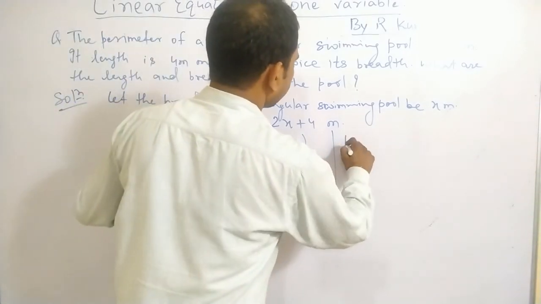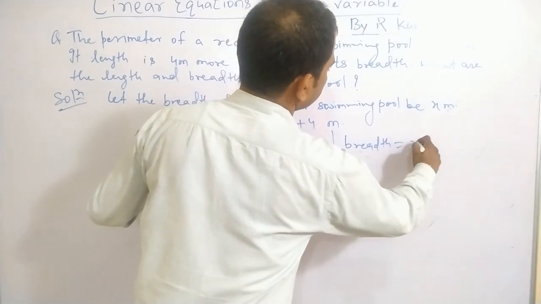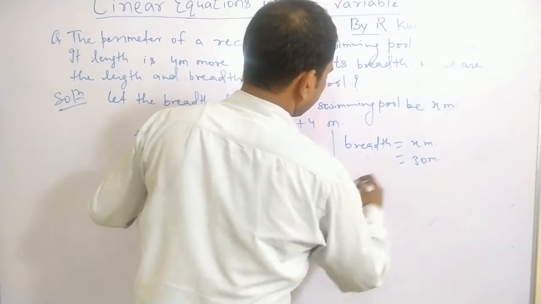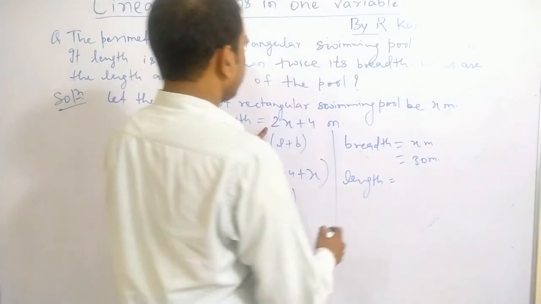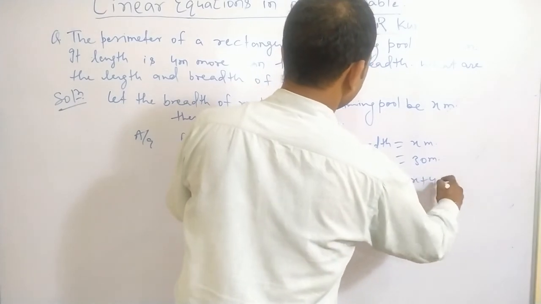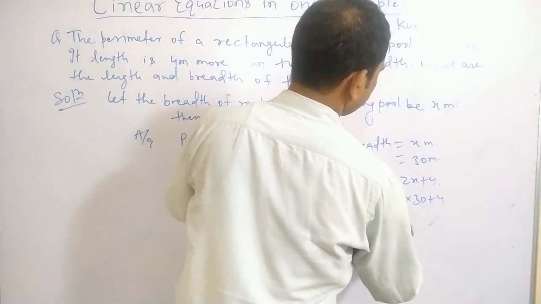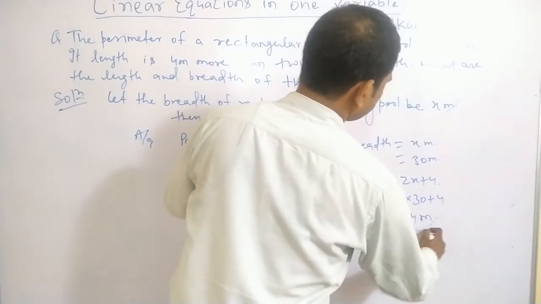So breadth you have considered x meters only, means it will be only 30 meters, and length should be equal to 2x plus 4, means 2 into 30 plus 4, so 60 plus 4, 64 meters.